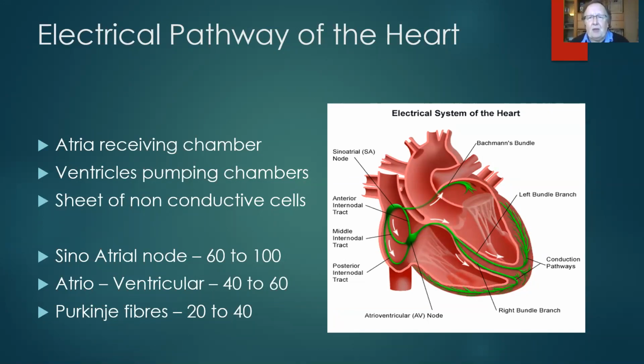The atria will push blood into the ventricles, and then the ventricles pump the blood around the rest of the body. So the right ventricle only pumps blood to the lungs, so that doesn't have a very big muscular mass. But the left ventricle has to pump blood all the way down to the patient's toes. And as a result, the left ventricle is so much thicker and so much bigger.